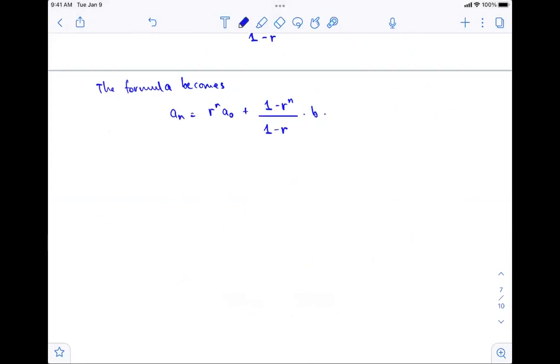So the next thing is to test the conjecture. Right.